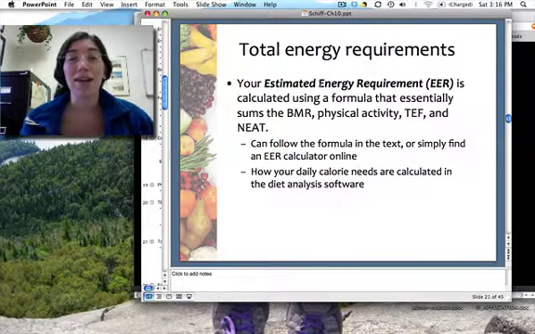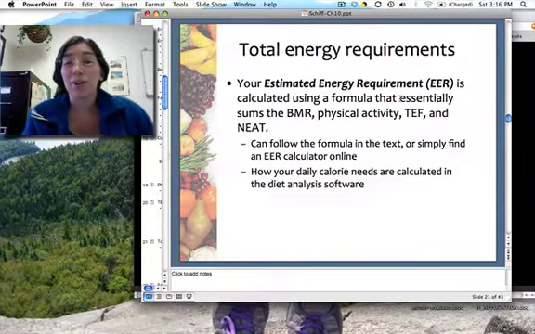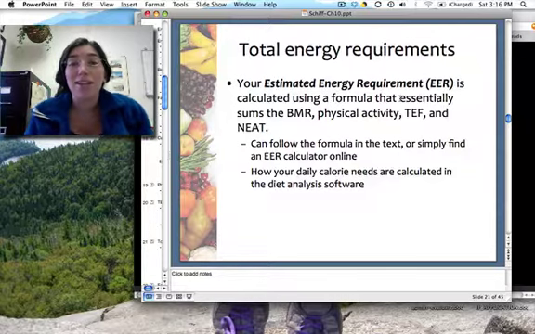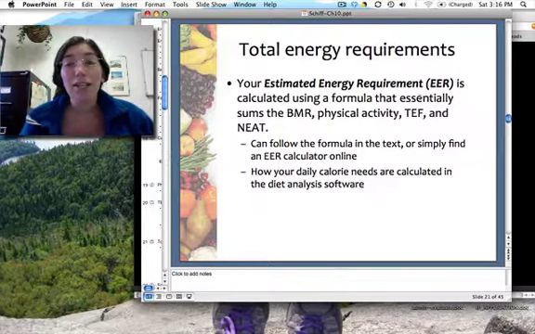And that is what the estimated energy requirement is, the EER, which is one of the DRIs that we talked about earlier in the course, and is essentially what your diet analysis tells you when it says what your calorie requirement is.